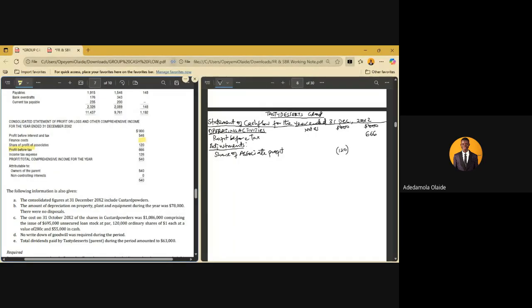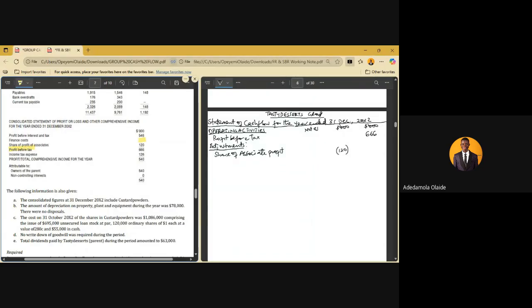Having treated the non-cash and the non-operating activity, we check the additional information. We have the consolidated figures at 31 December 20X2 to include Custard Powders. The amount of depreciation on PPE during the year was 78,000. And we already know that one of the things that would have made up the PBIT, which is the major thing in our PBT, is depreciation.